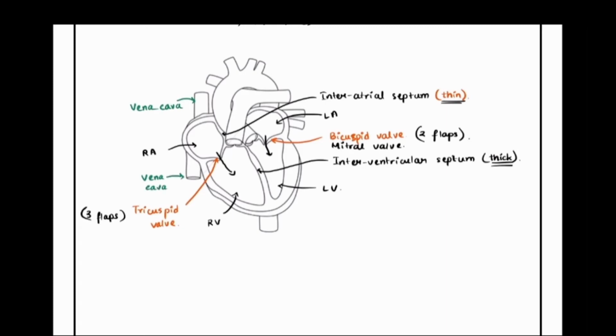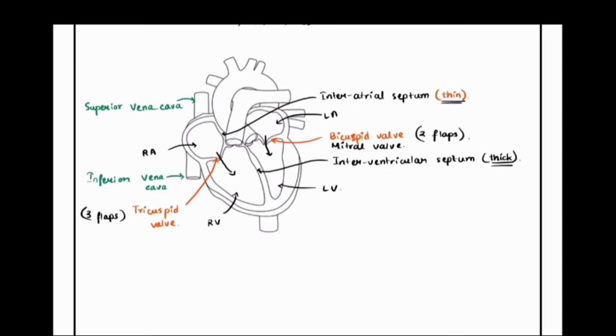Now, one of the vena cava is called the superior vena cava, and the other one is called the inferior vena cava. The superior vena cava drains blood into the right atrium from the upper parts of the body, whereas the inferior vena cava drains blood into the right atrium from the lower parts of the body. So that is the difference.